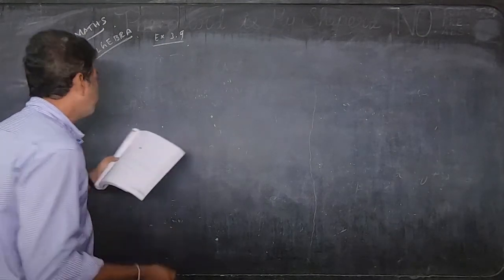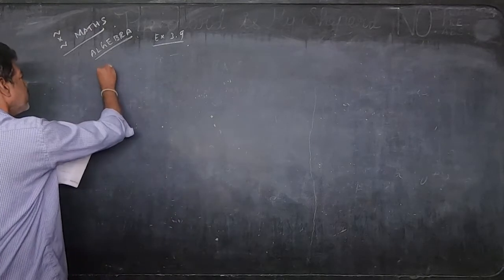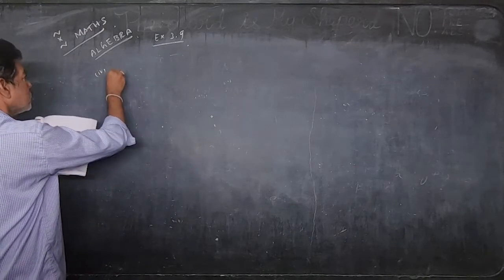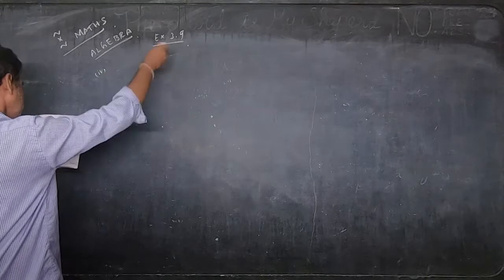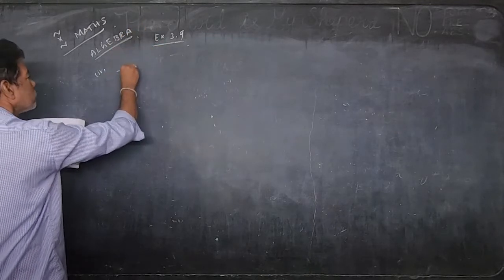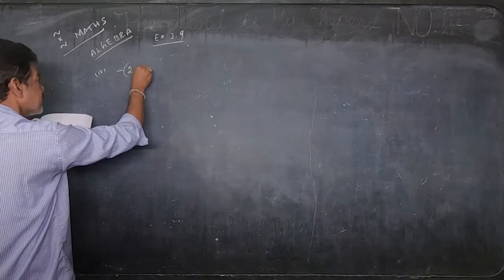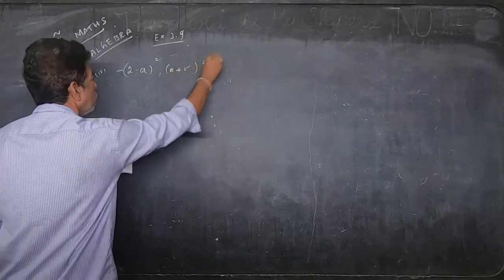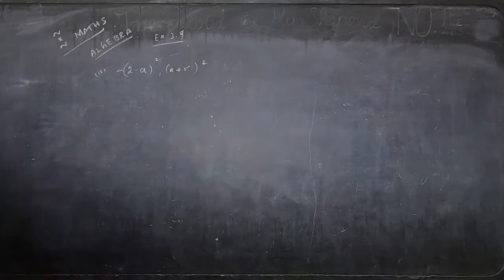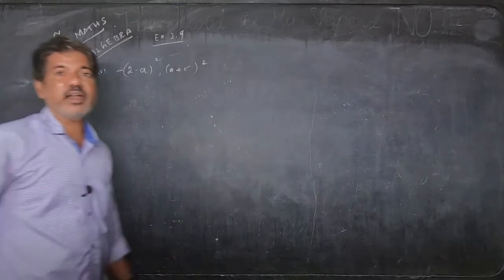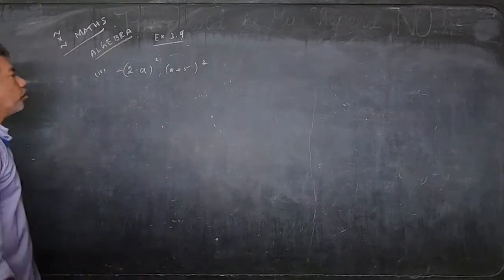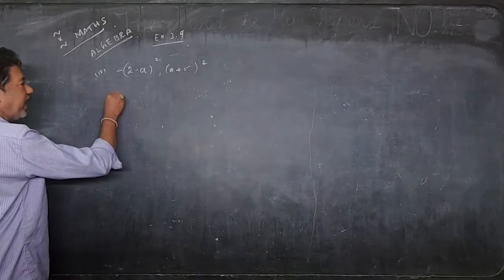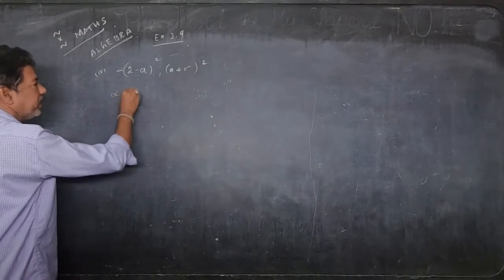So next question number 4. So listen, question number 4, exercise 3 point, already I written, minus 2 minus a whole square comma a plus 5 whole square. Okay, so last sum, third one you try it as a homework. So this one how we have to do, same, alpha plus beta.